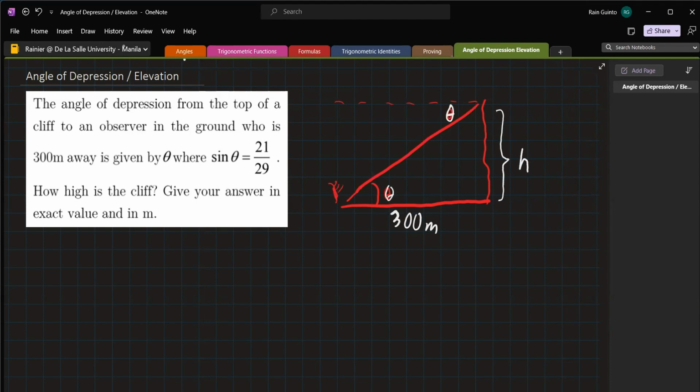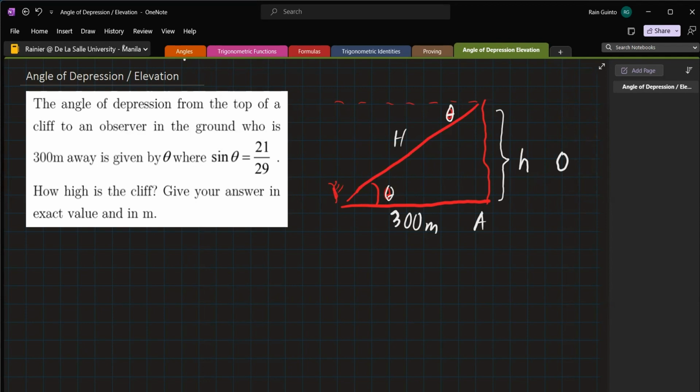Let's take it as h. Notice that the height is actually equal to the opposite, and the 300 meters is equal to the adjacent. And this unknown side is actually equal to the hypotenuse.